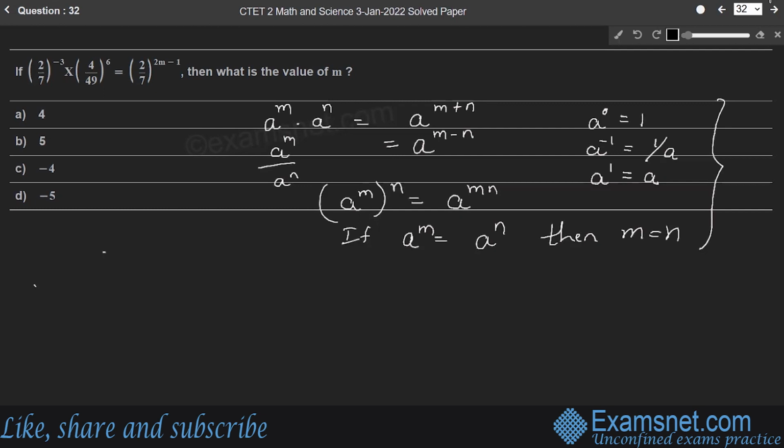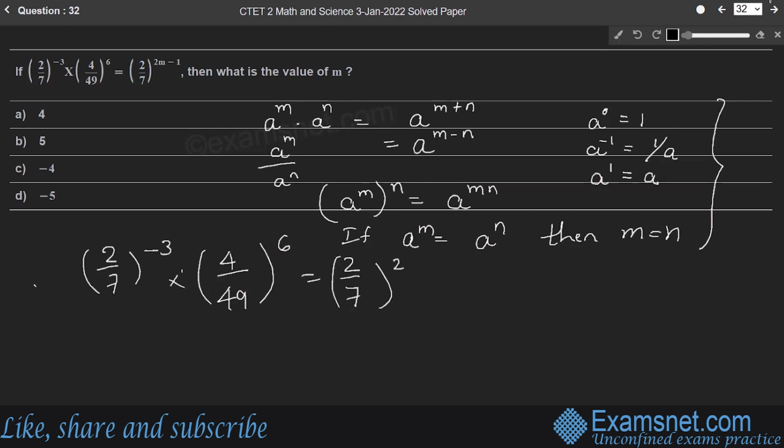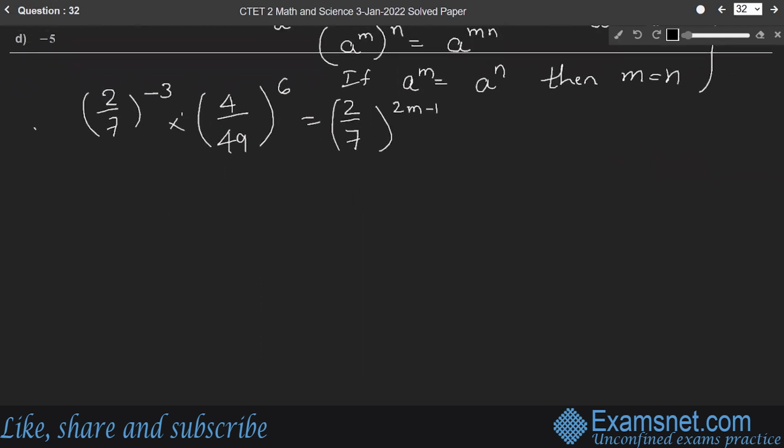So these are the formulae we are using in this equation. Consider the equation (2/7)^-3 × (4/49)^6 is equal to (2/7)^(2m-1). Let us express 4/49 in terms of 2/7. 4 is nothing but 2 square, and 49 is nothing but 7 square.